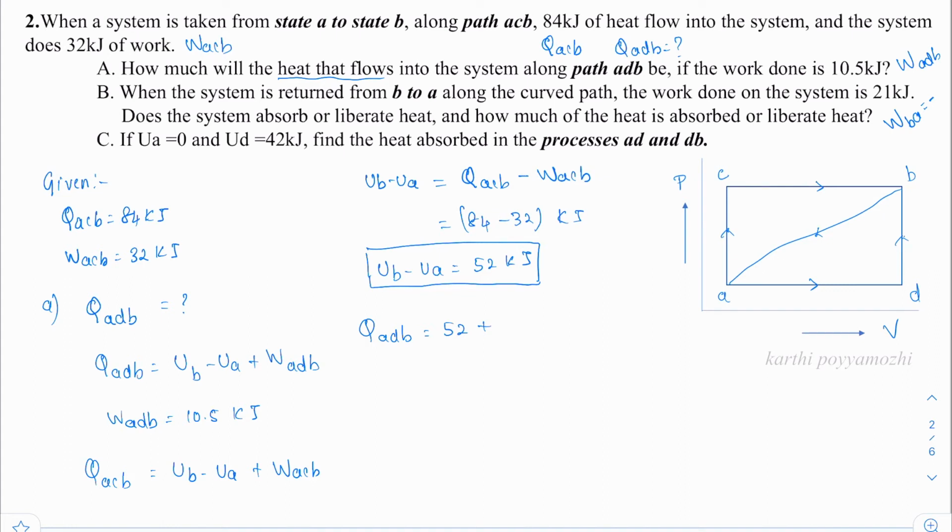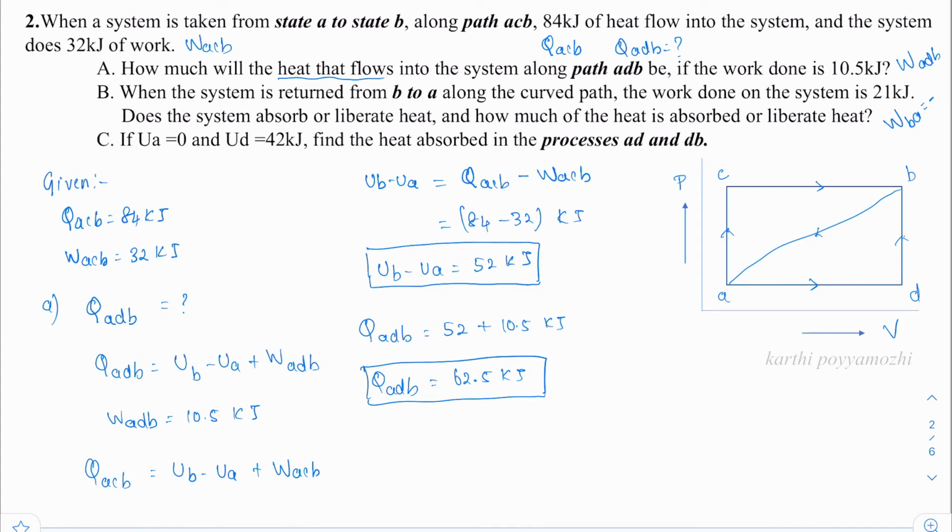Work done by the process ADB is given as 10.5 kilojoule, and substituting this we will be getting the value of Q of ADB, which is equal to 62.5 kilojoule. Okay, and we have solved subdivision A.